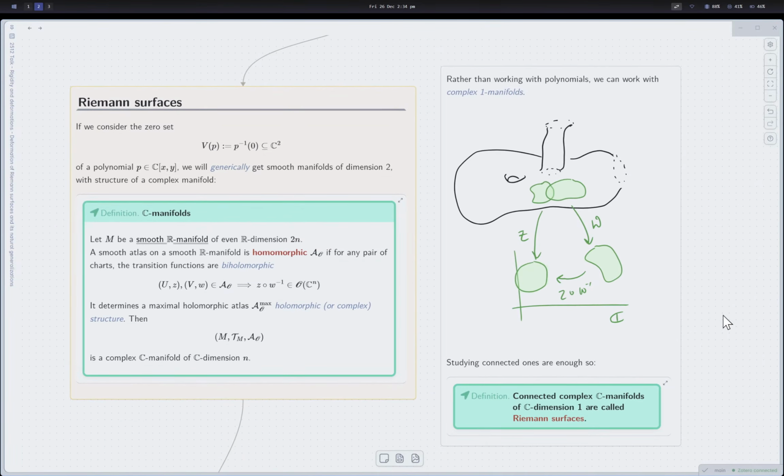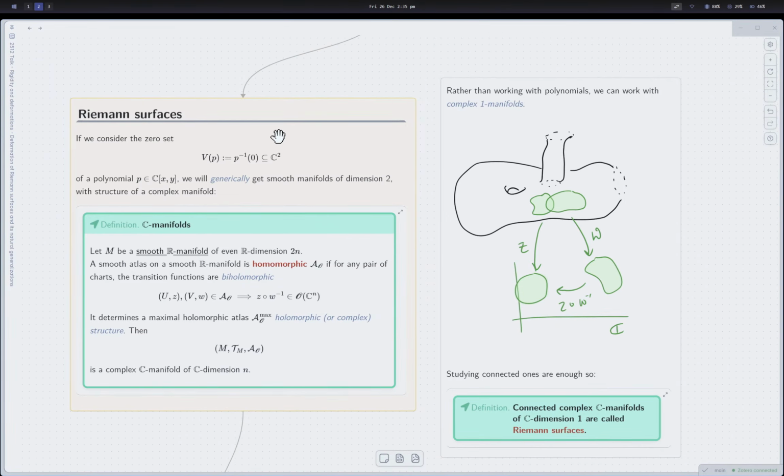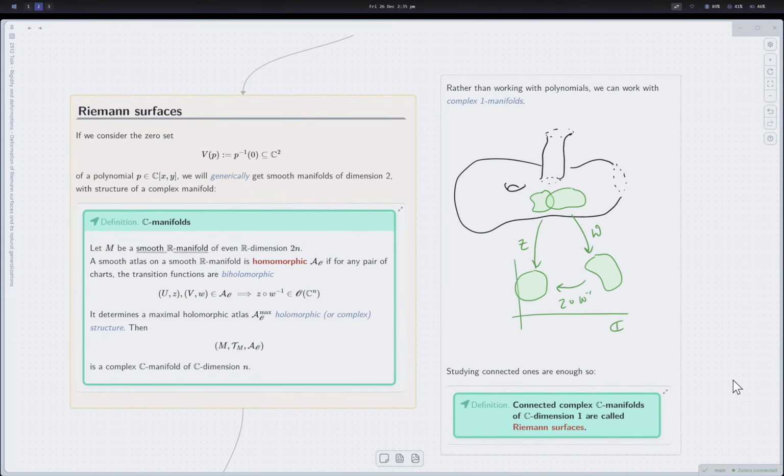And this is a complex one manifold, and Riemann surfaces are defined to be connected complex one manifolds. Now, the zero set of polynomials might not be connected, of course, but I think irreducibility will be equivalent to connectedness of these zero sets.